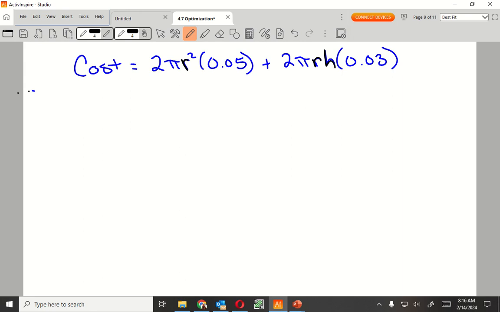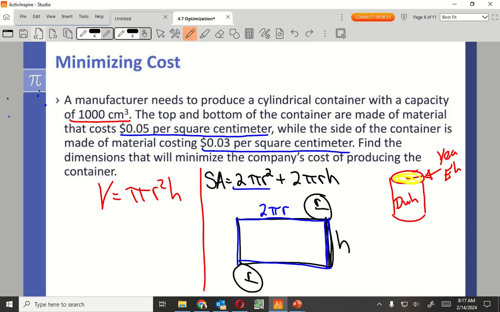And from that other formula, my volume was supposed to be 1,000, right? The volume is 1,000 equal to pi r squared h. Do you agree? Yeah? Just making sure, because it's 1,000 cm cubed.